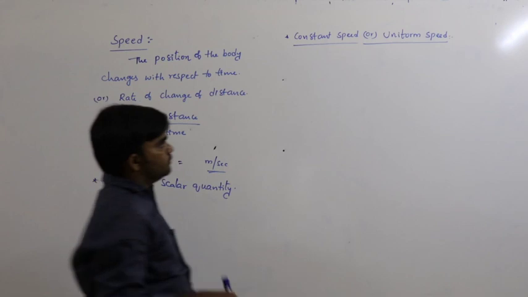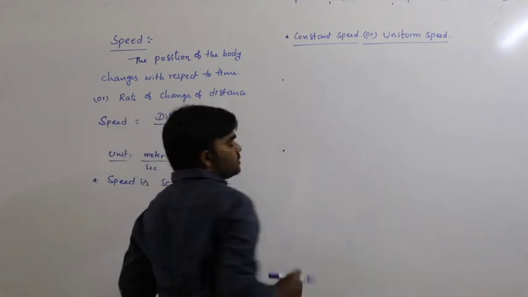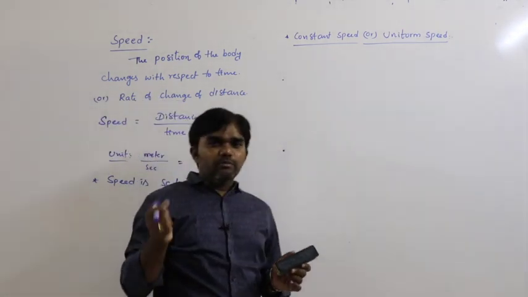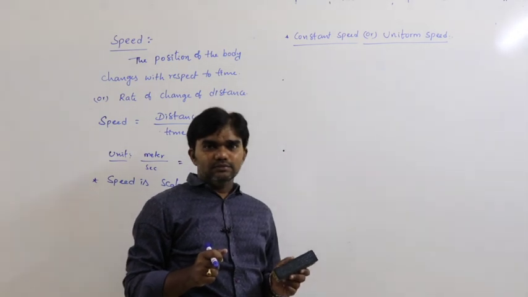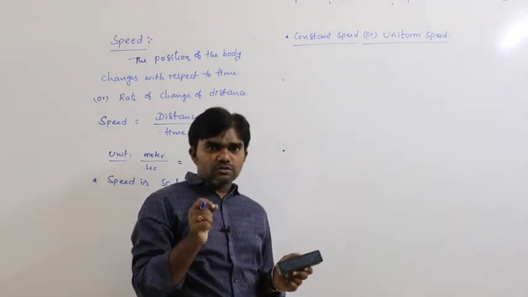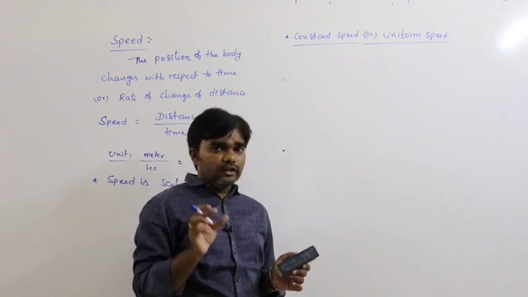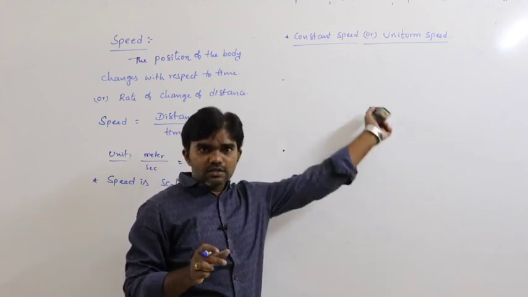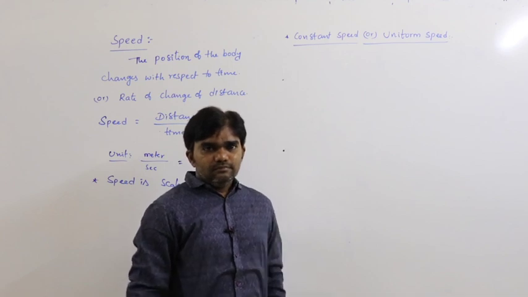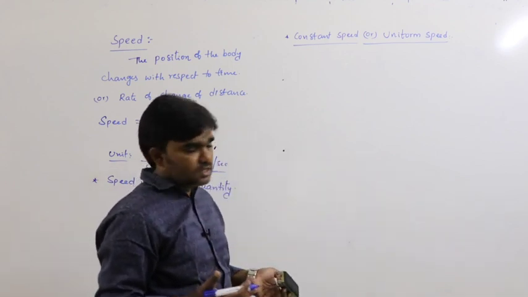For example, we are moving on a bike. Let us say the speedometer shows only 50 kilometers per hour continuously. That is said to be a constant speed. So how can you define this constant speed?